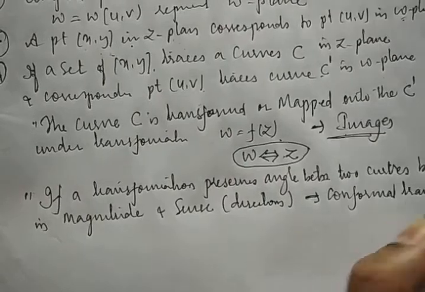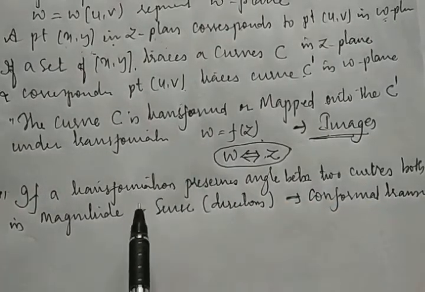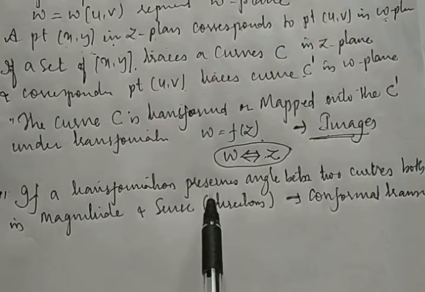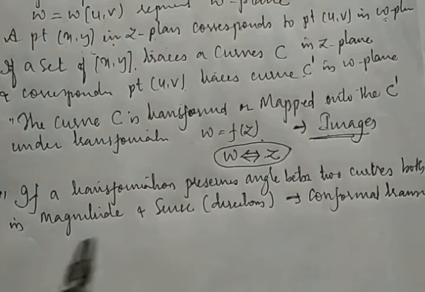Conformal transformation means the transformation preserves the angle between the curves both in magnitude and sense.